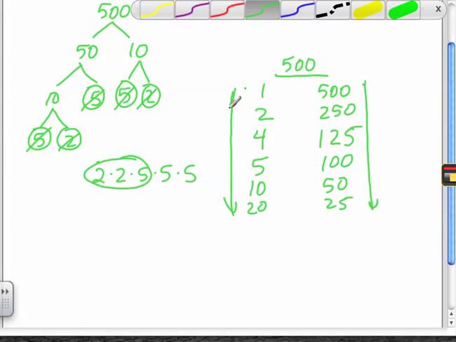And now this side is getting very close to this side. Once these two columns meet, we don't have to keep going, right? Because I have all the numbers bigger than 20 that go into 500 listed on the other side. So that's all the factors for 500. We've listed them all. How many are there? 12? 12 factors?